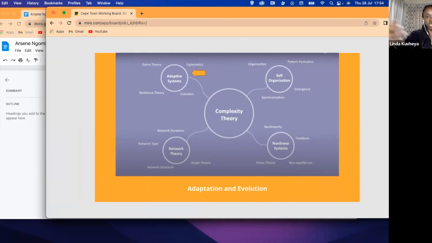So the economy becomes a complex adaptive system. Yeah, totally. That's exactly what you said, Linda. They are adaptive systems, and they evolve over time, like you rightly said.